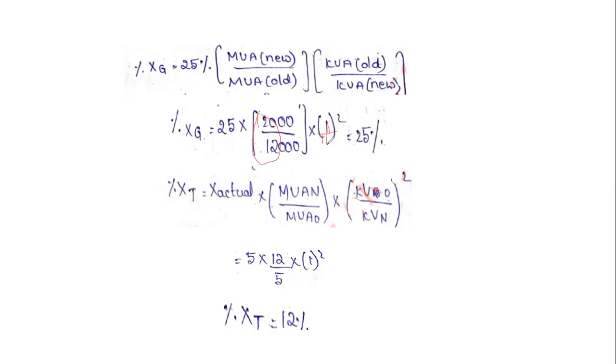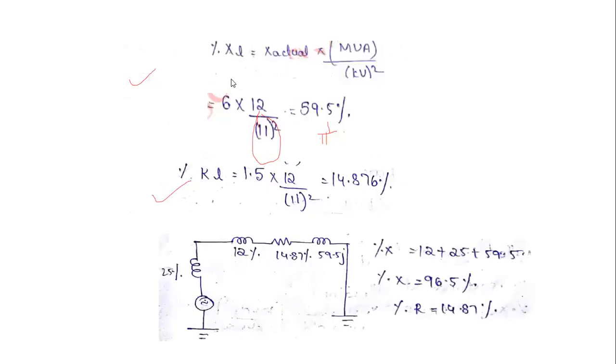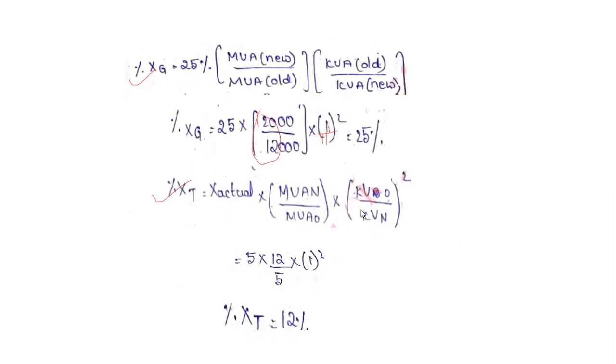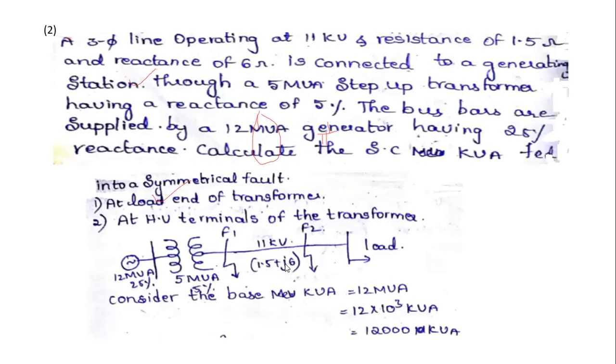Similarly, we calculate the XG1 and X transformer, and then we calculate the transmission line reactance. Why? Because we are using this formula for calculating the transmission reactance, means all the values will be considered in the ohms.